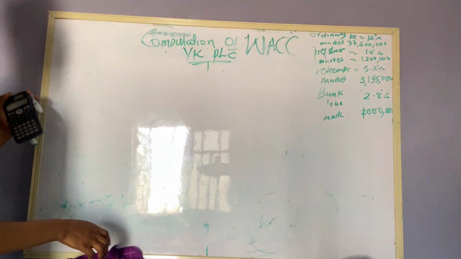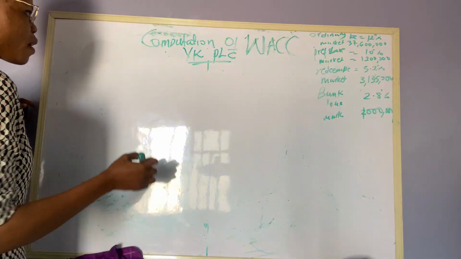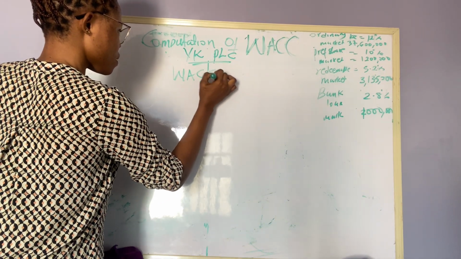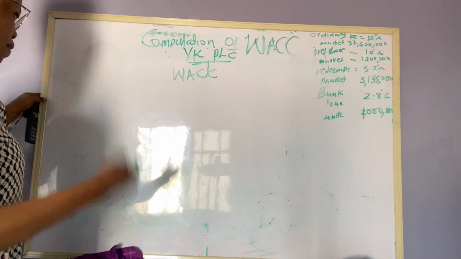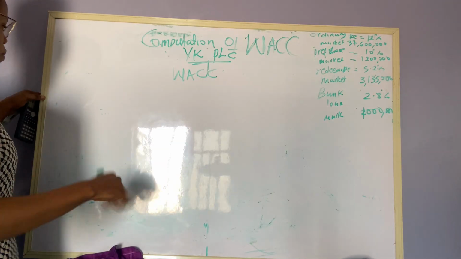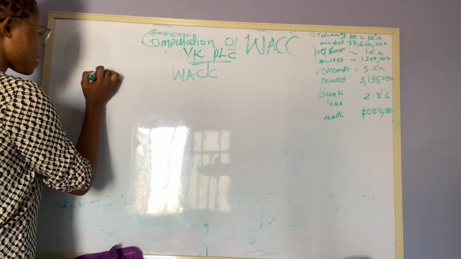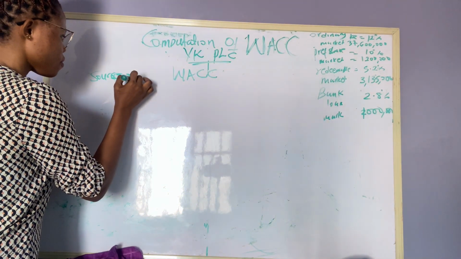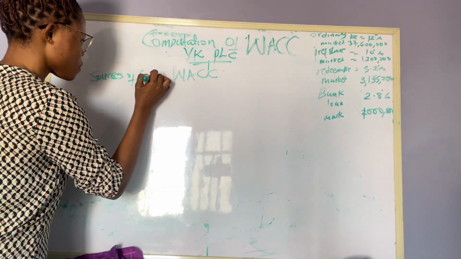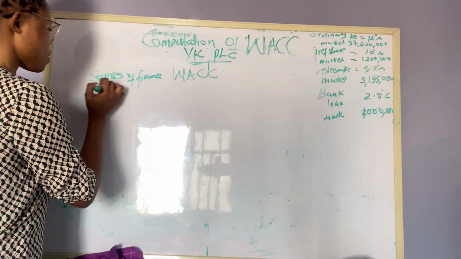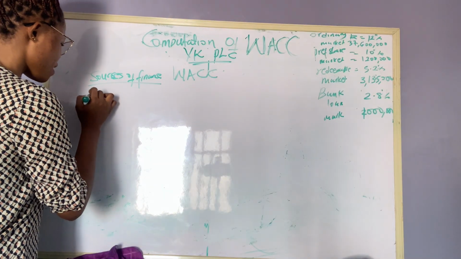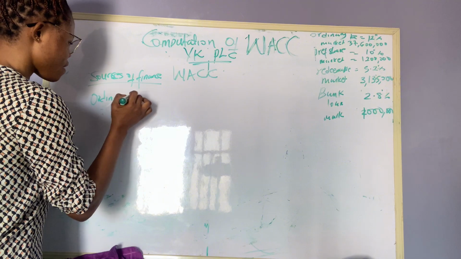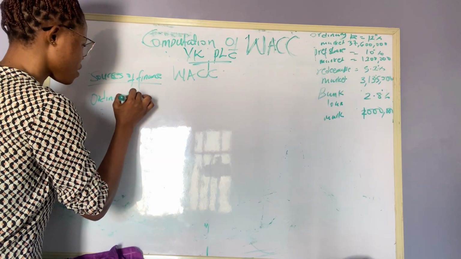For us to compute our WACC, we list the sources of finance. We have ordinary shares.